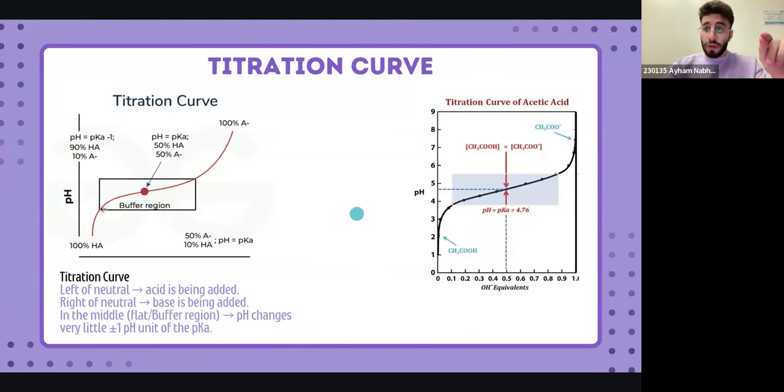So the titration curve I would break down into three parts: the buffer zone or the flattened zone, the acidic zone, or the acidic part, and the basic part.